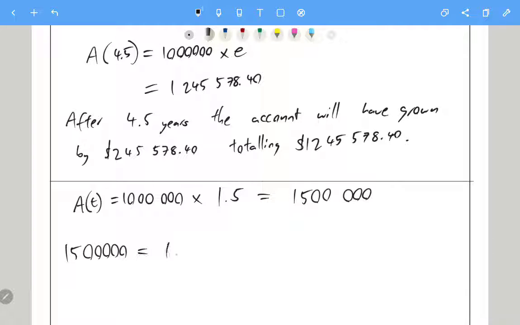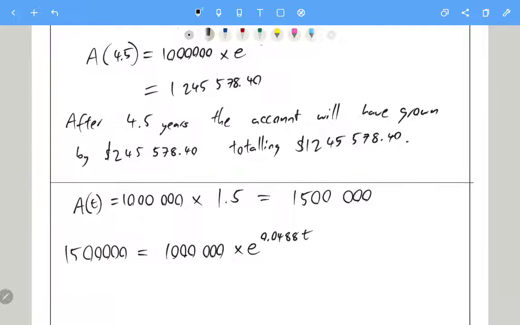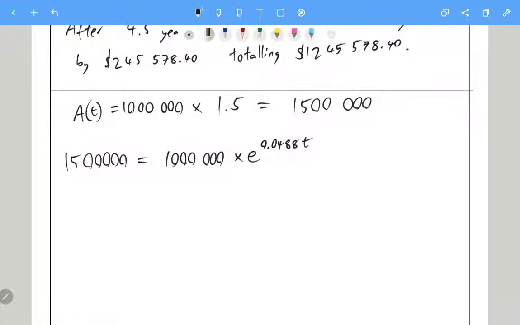So using the formula, we get 1,500,000 is equal to 1 million times e to the 0.0488 times T. And we're looking for T in this case. So the first thing we're going to do is divide both sides by $1 million.